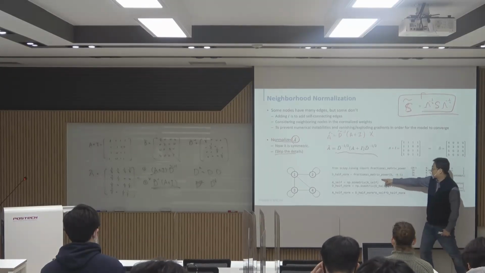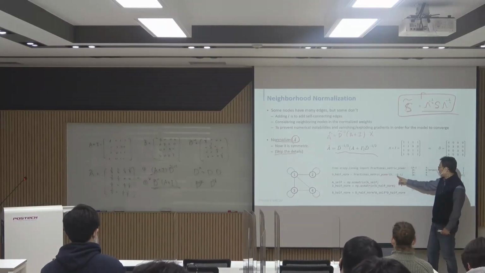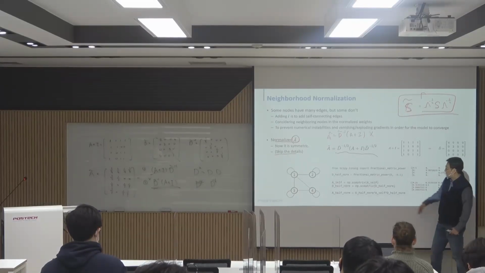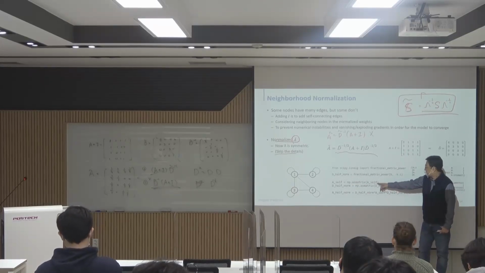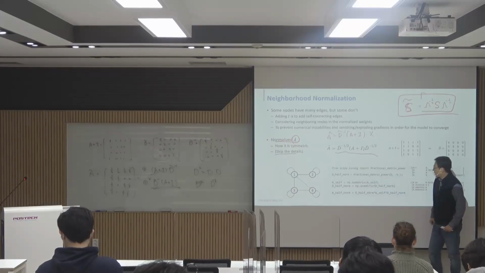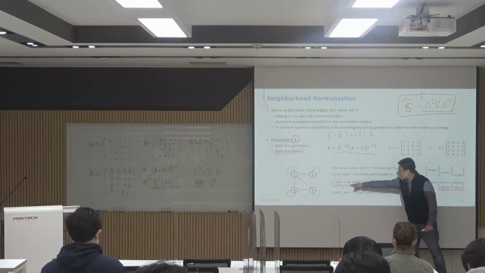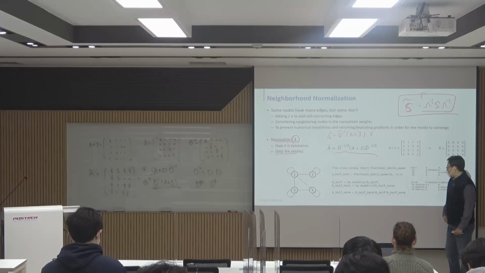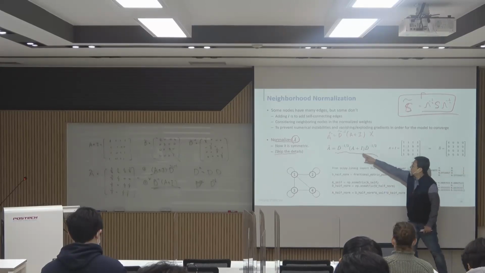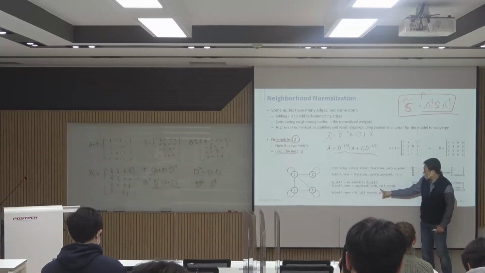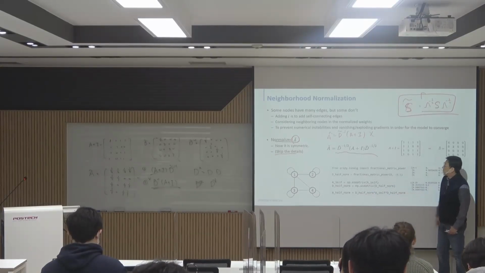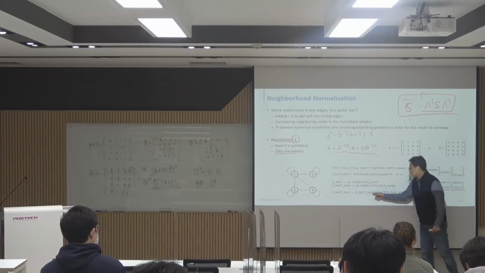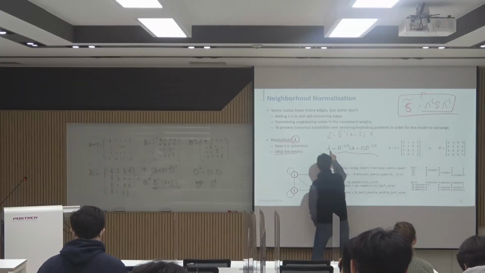From D, fractional_matrix_power with minus half, and we will get this guy. And A self is made as a matrix, and this one again is made as a matrix. So we do A plus I, and we do D half norms and D half norms back and forth. That's how we got A.